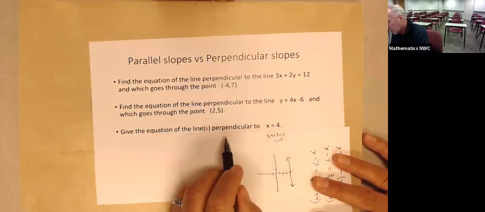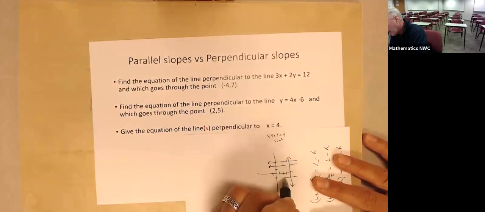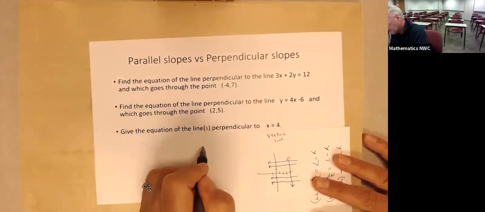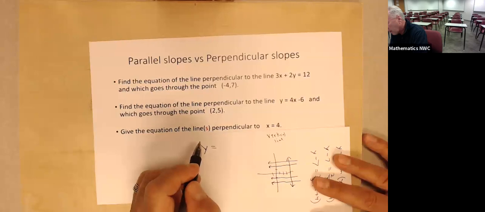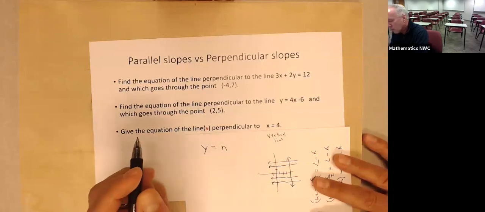I want the lines perpendicular. Well, they're all horizontal lines. There could be all kinds of horizontal lines here. We have to give an equation of those. They're all going to be y equal to some number. So I'm going to list that some number as n for any number.